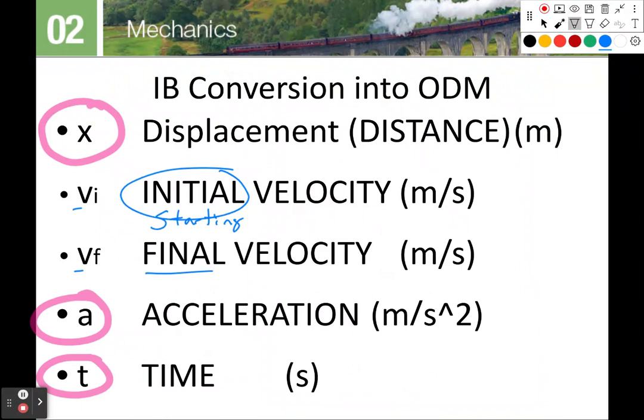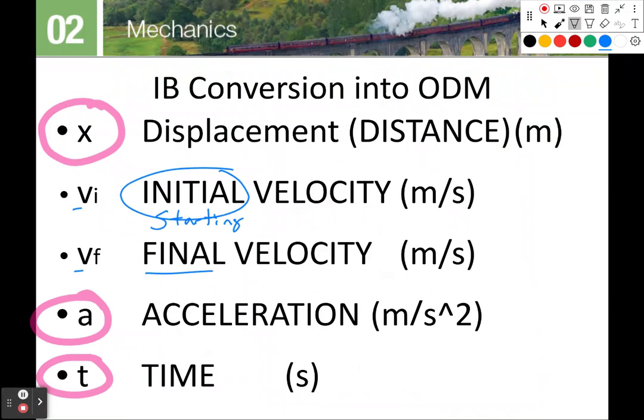And final obviously means where it ends up. Sometimes our initial velocity will be zero by just saying we start at the top of a hill or we start at rest. Sometimes our final velocity could be zero if we come to rest or come to a stop. These are all things that we are going to need to figure out.